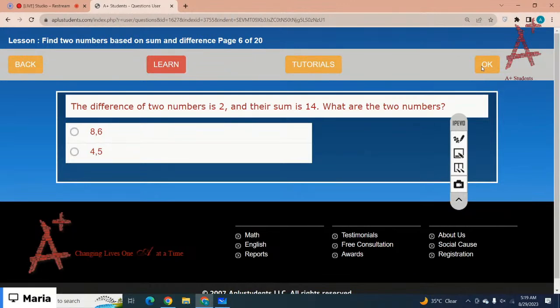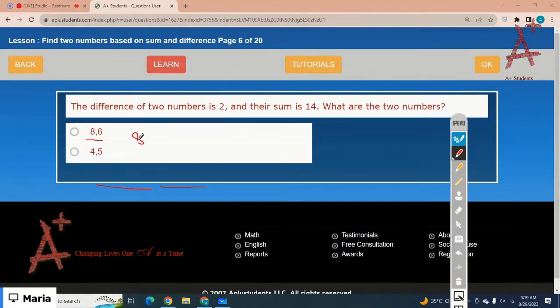Which two numbers have the sum 14 and difference 2? Just add: 8 plus 6 makes 14 and 8 minus 6 makes 2. That means the correct option is option number 1. The numbers are 8 and 6, right?